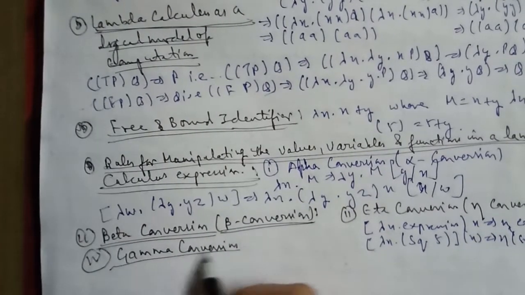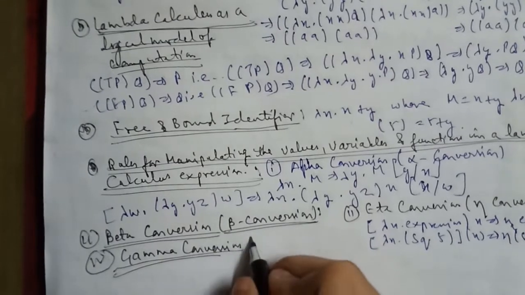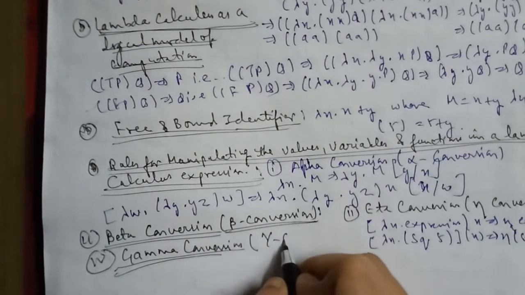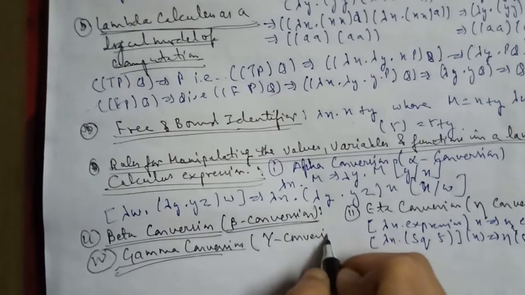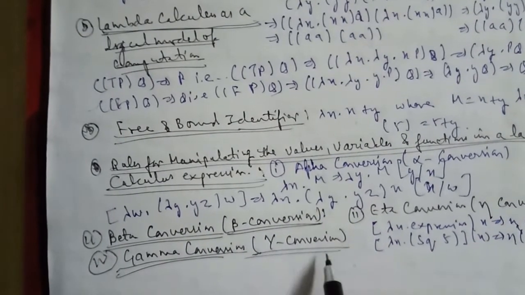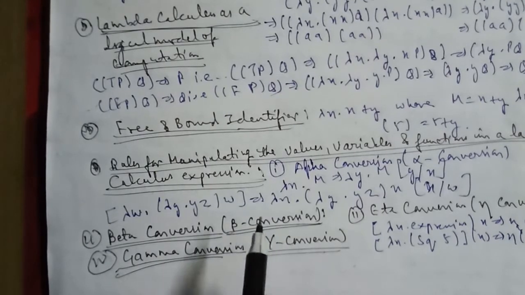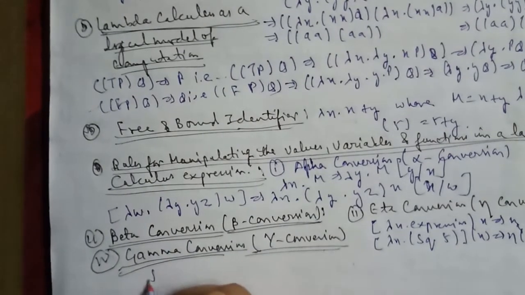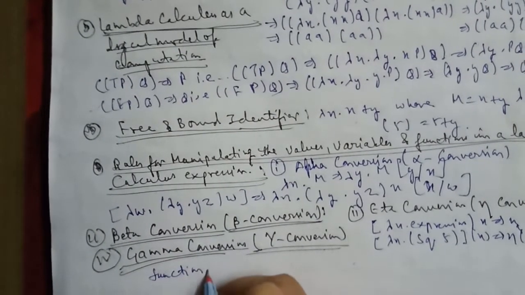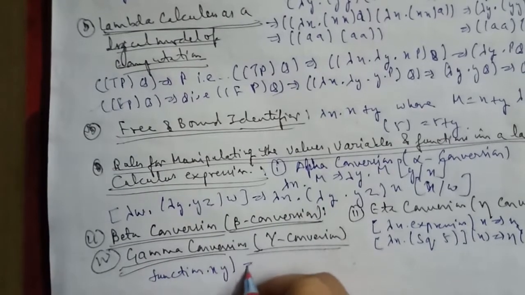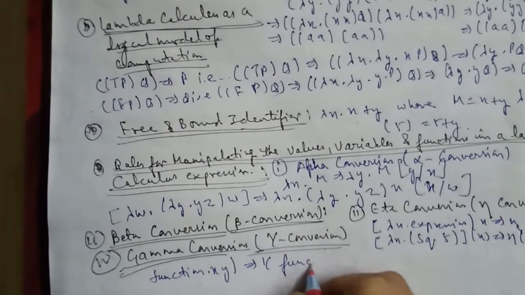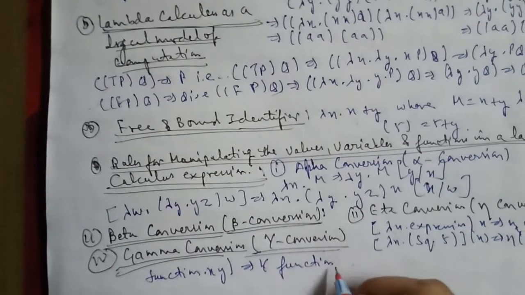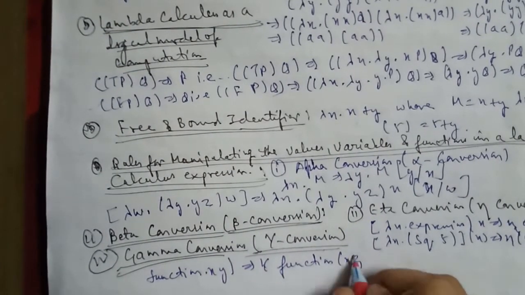In the gamma conversion, the gamma conversion has been represented in the form of gamma conversion. So in this, it is associated with the predefined values in a function, and this rule can be simplified to the function xy tends to gamma function of xy.